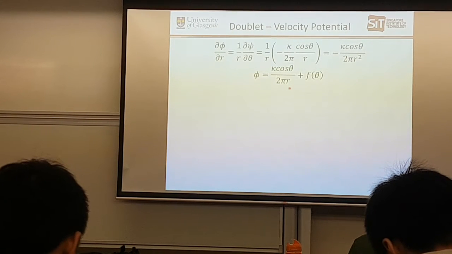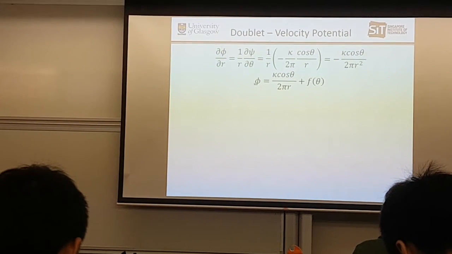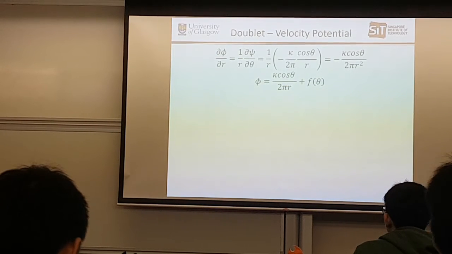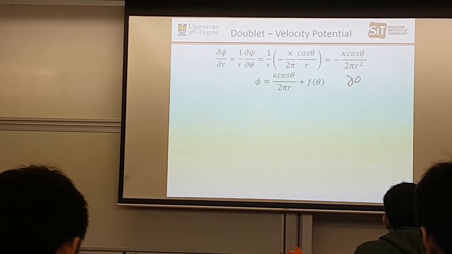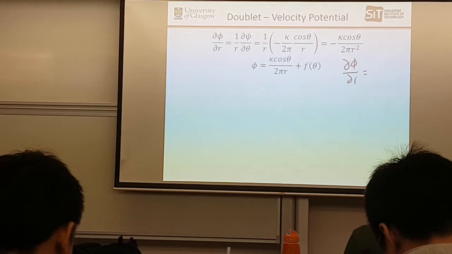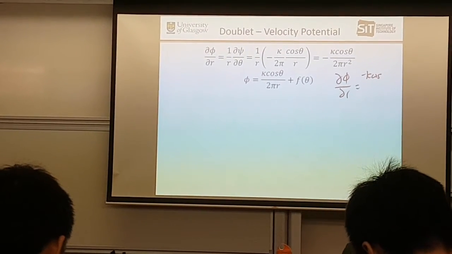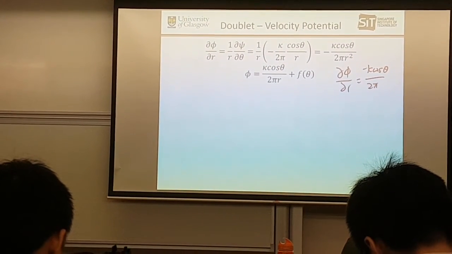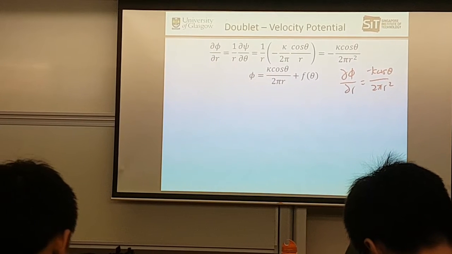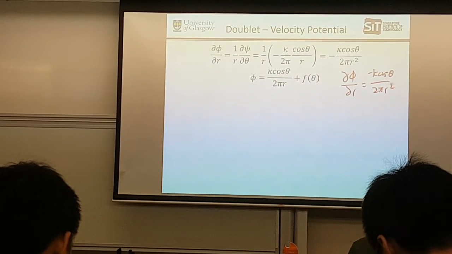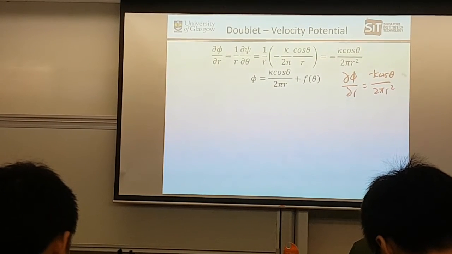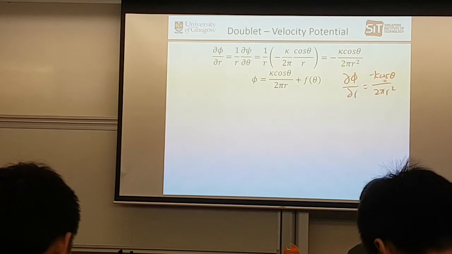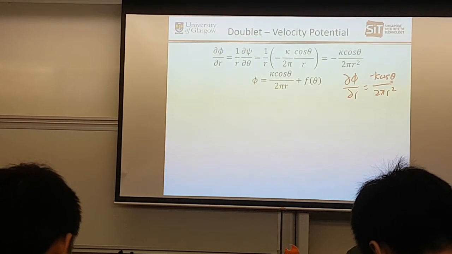What's the reason for this? Because I'm just doing this partial integration of my del phi over del r. To me, my cos theta is a constant value, so I don't integrate.